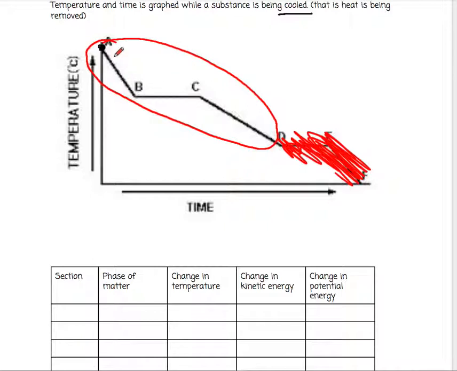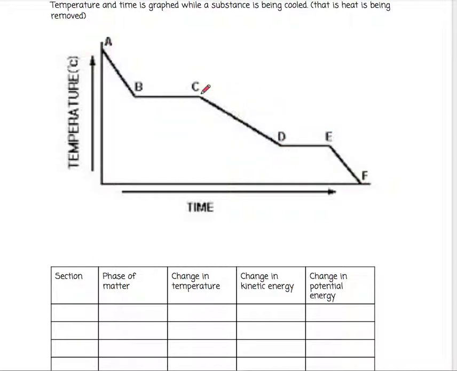Well, there's the boiling point, and I'm starting just above it. Or they will say, this is a cooling curve starting above its freezing point. And there's the freezing point, and it's starting just above the freezing point.